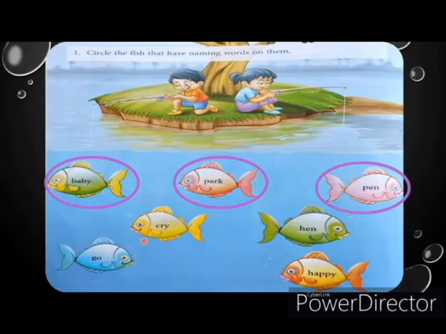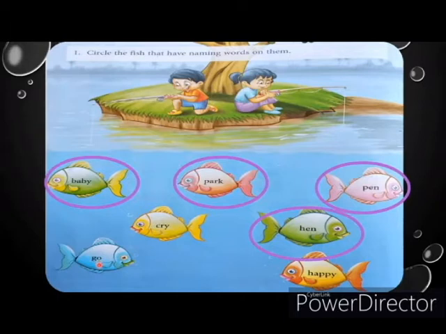Next one is crab. Is cry a naming word? I don't think so. So we are not going to circle cry. Next one is hen. Is hen a naming word? Yes, right? Because it names an animal. So we can circle hen. Next, go.